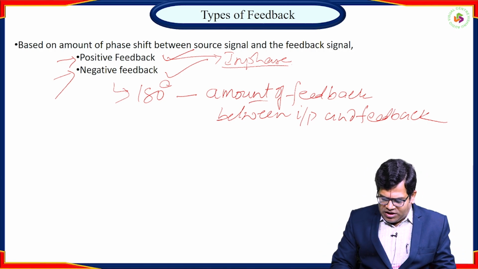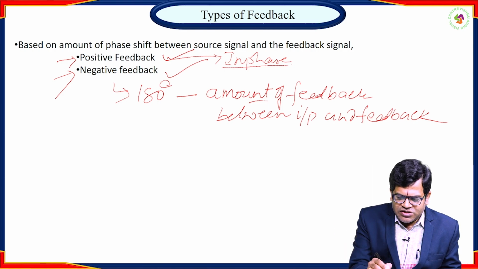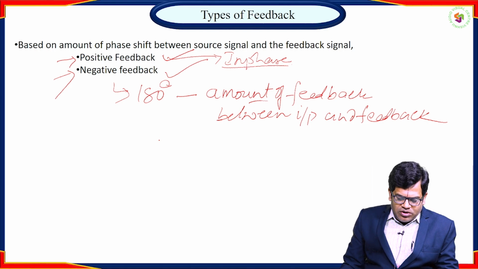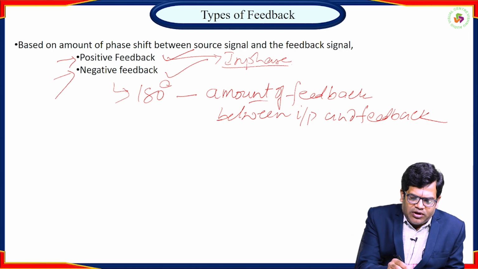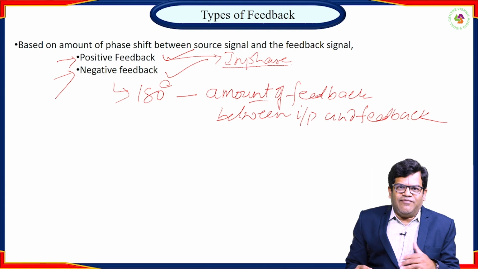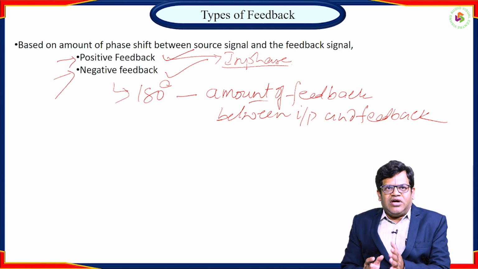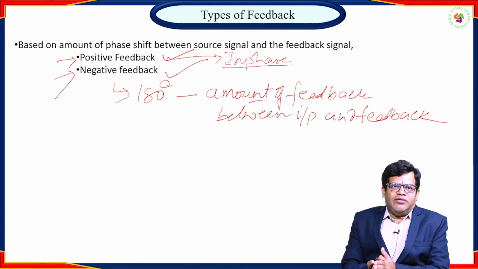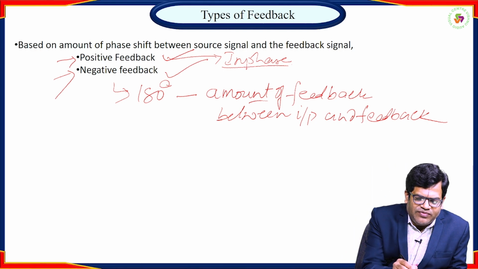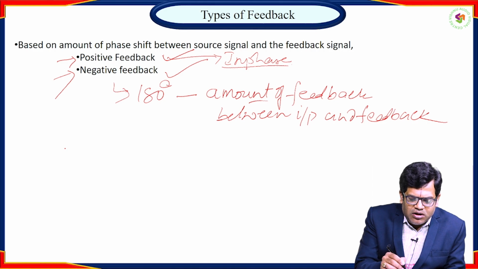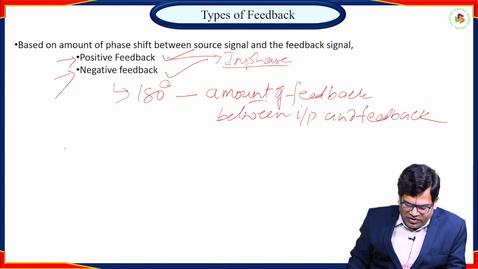Now, feedback is generally used in order to ensure that we have some improvement with respect to the quality of the output signal that existed earlier, right? We observe that with the utilization of this feedback principle, some parameters will be affected.